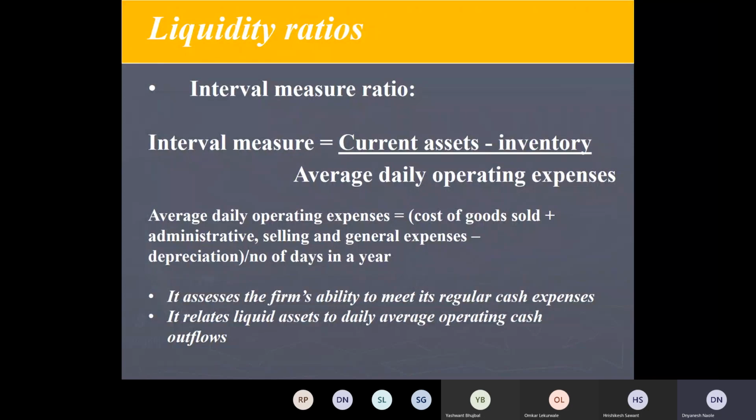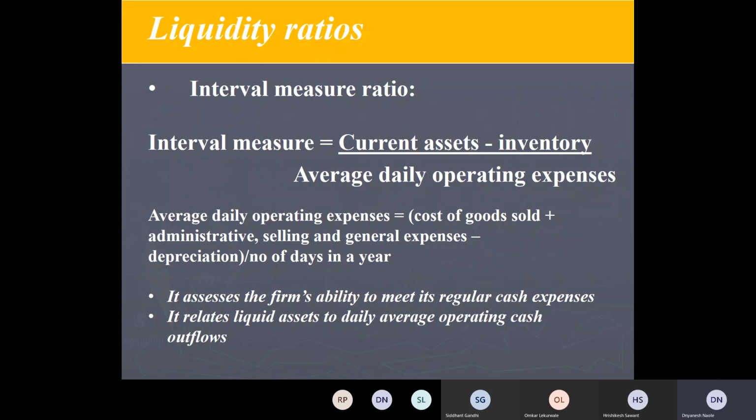So average daily operating expenses is nothing but cost of goods sold. Whatever goods we are selling, we obviously will require money for inventory and other things, processing it and all, that is total cost, plus administrative and selling and general expenses minus depreciation, because depreciation is not an outflow, or any other elements which do not affect the cash or are not related to cash.